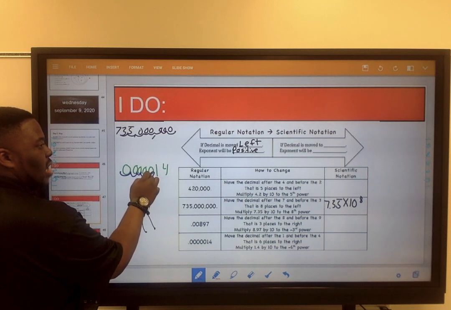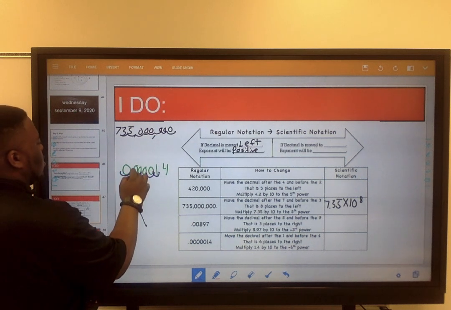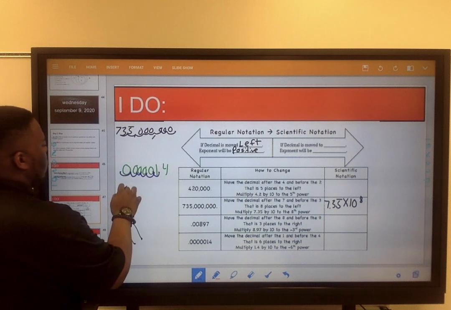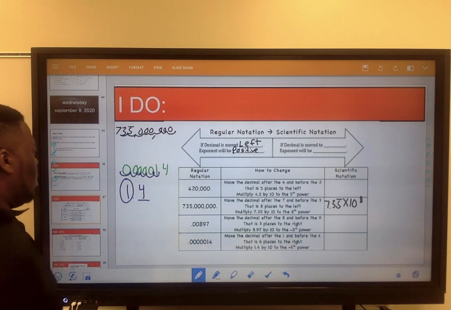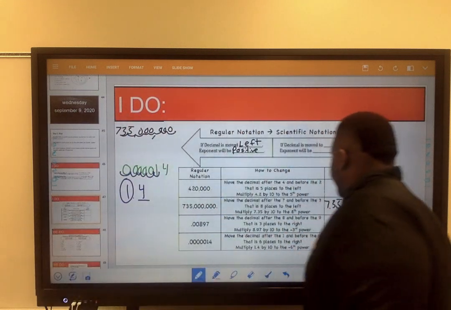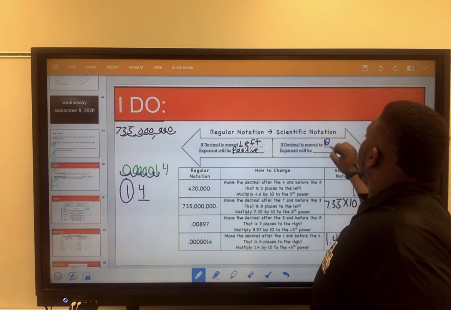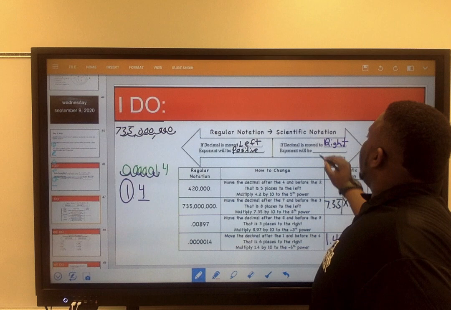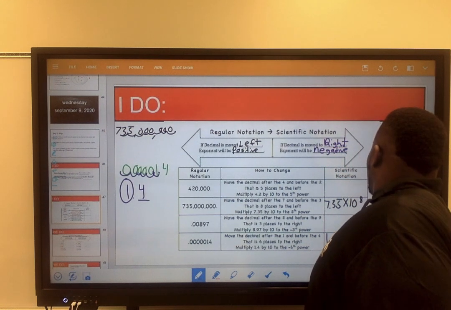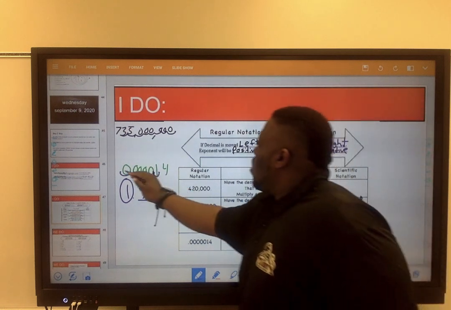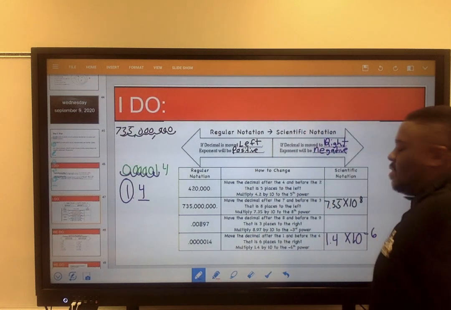Then do we do another one? Do I stop? No, I like to go. 6. So 1, 2, 3, 4, 5, 6. Remember, we stop because we have a whole number and we have one place there. So this would actually be 1.4. We went to the right, so the right is negative. Times 10 to the 1, 2, 3, 4, 5, 6. Negative 6.